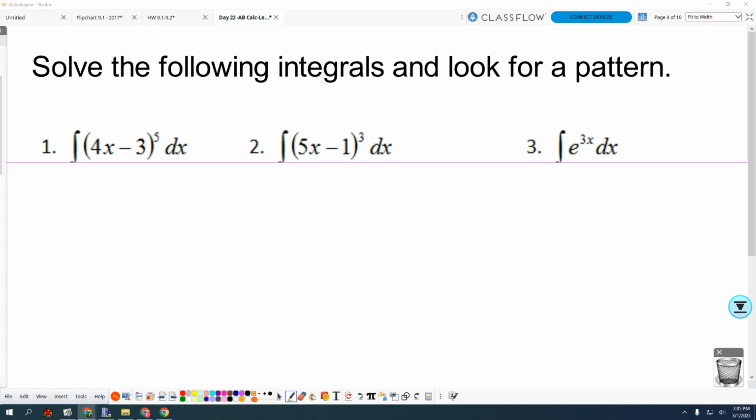Is it just 3 equal to all? Oh, no, but you divide by 4. Divide by 3, right? So for E, you keep the same.